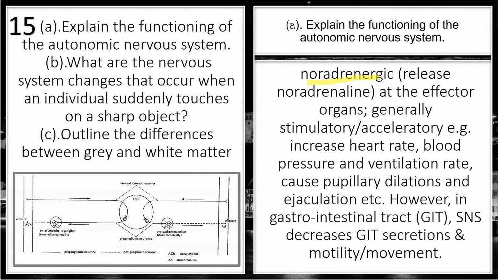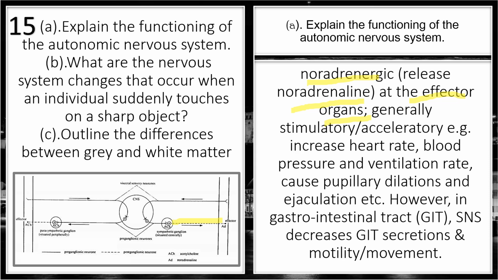Noradrenergic, that is, they release noradrenaline at the effector organs. So for the sympathetic, when they move from the ganglion, they go to the postganglion. This neuron at this end releases a transmitter substance which we call noradrenaline.